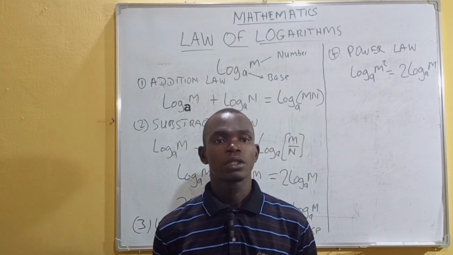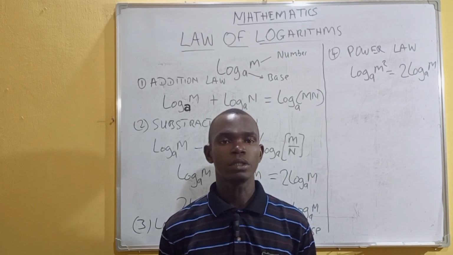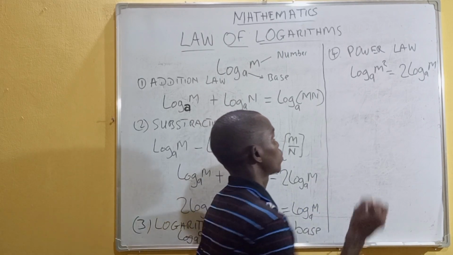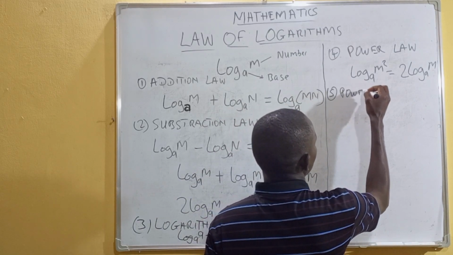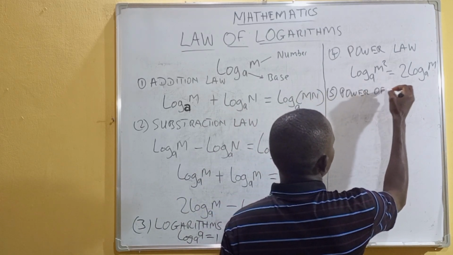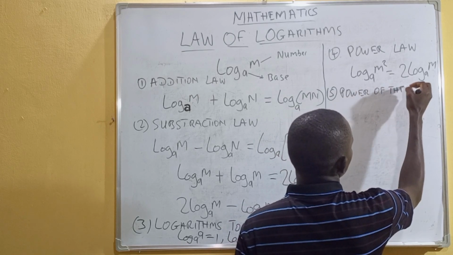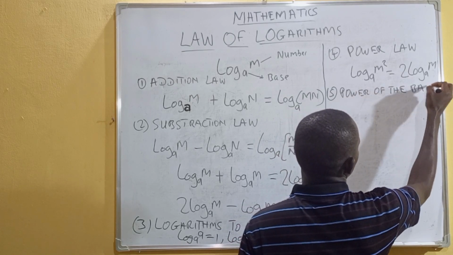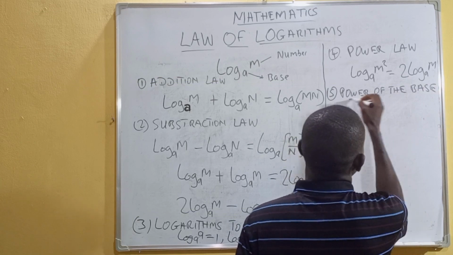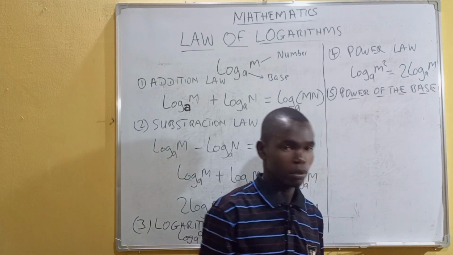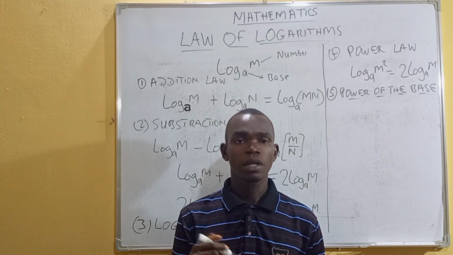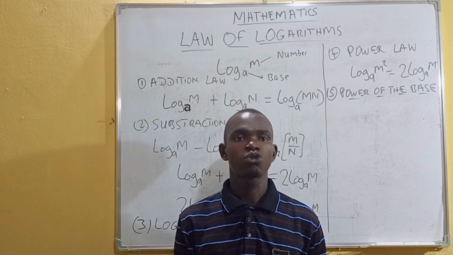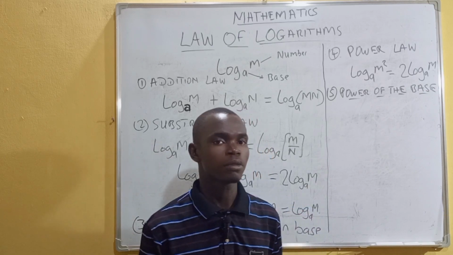The fifth law is the power of the base. When it is the base that has the power, the reciprocal of the power is used to multiply the logarithm itself.